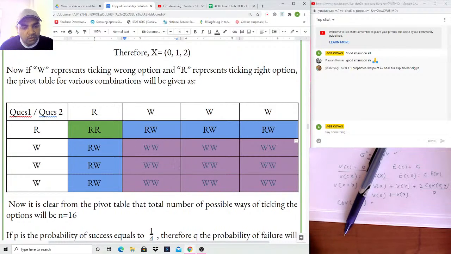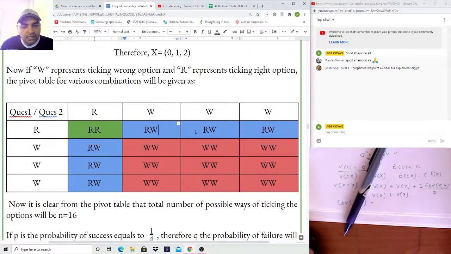Out of this, 4 by 4, that is 16 chances of picking those options in different ways, because every question has four options. Out of those, only one case is there where he will pick the right answer for both questions.